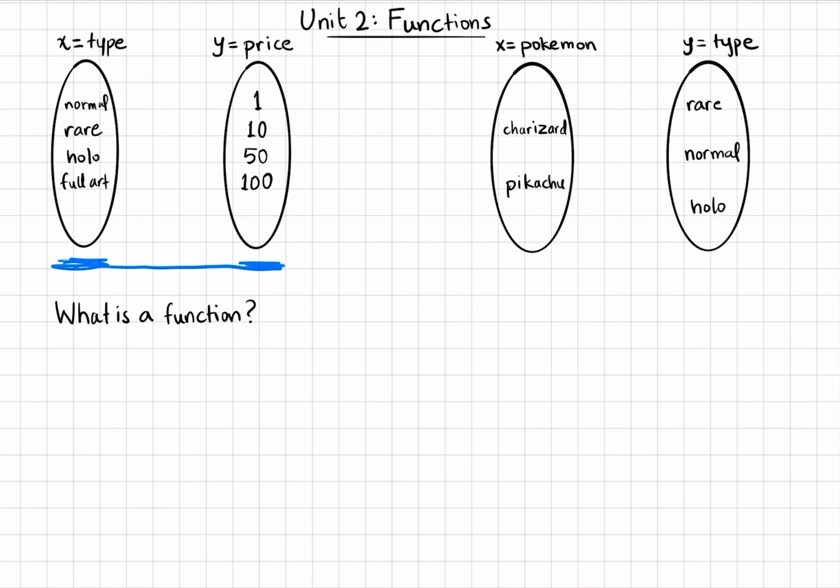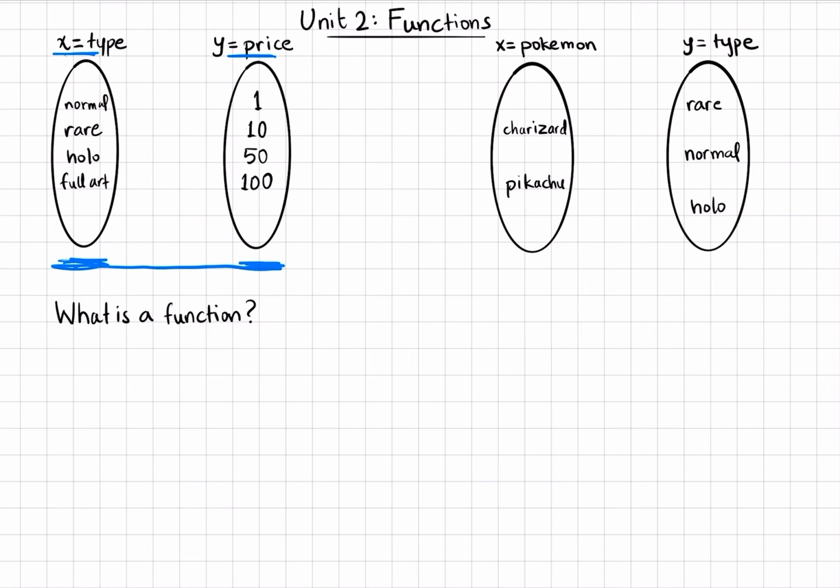I have also given the first set of items the name X. So any item in the set is given the term X. And in the second set, I've given it the name Y. So every X means I'm talking about items in set 1. Every Y means I'm talking about items in set 2.